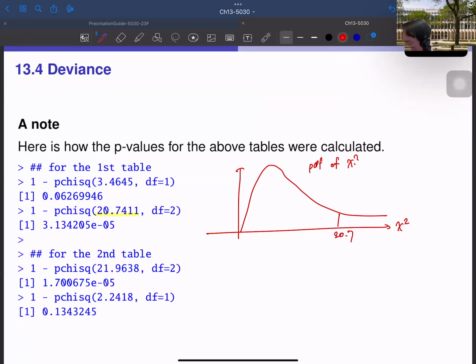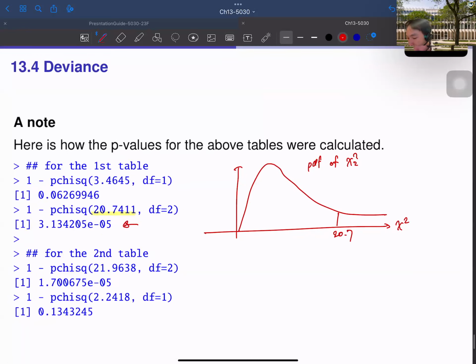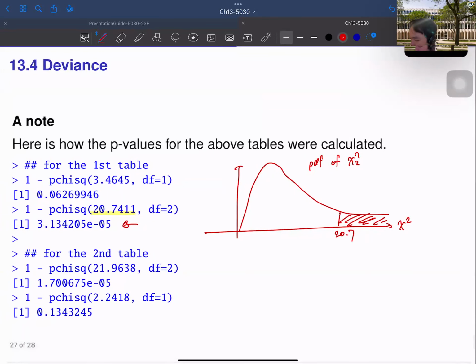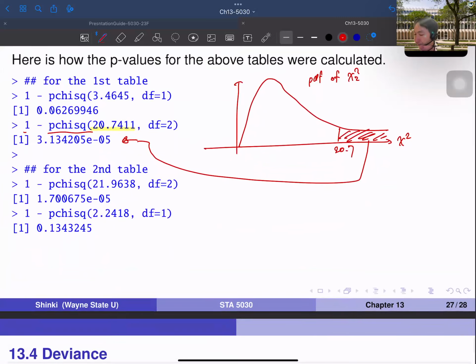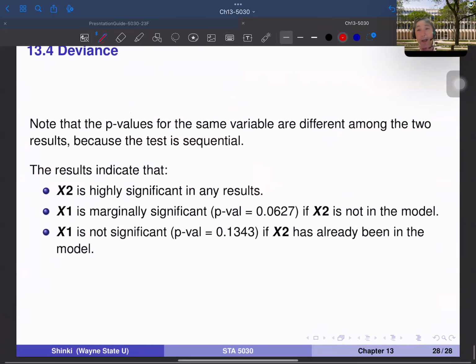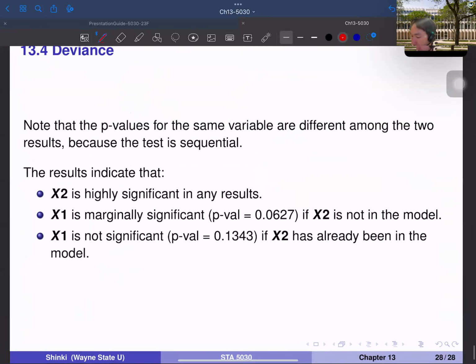And we got a very small p-value, 3 times 10 to the power negative 5. This probability is calculated by 1 minus the pchisq function. And this is the last slide.